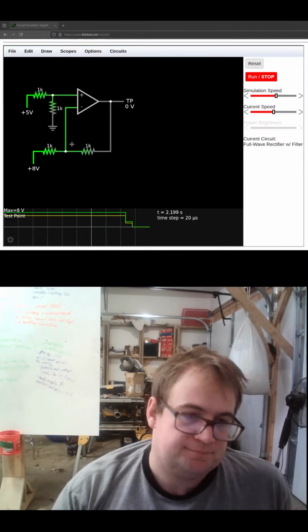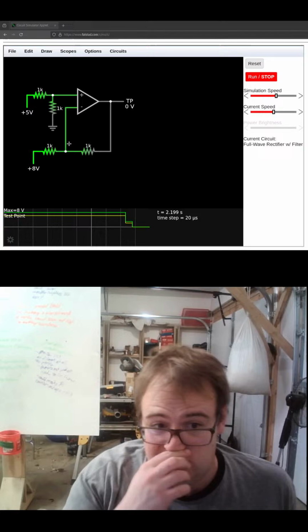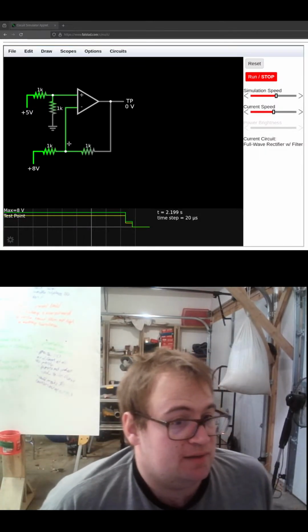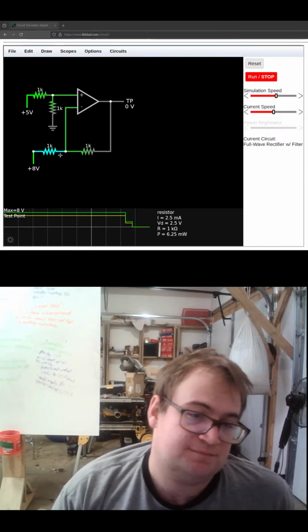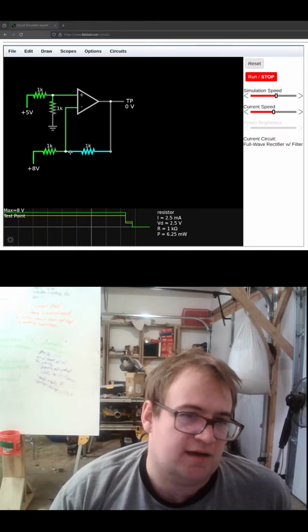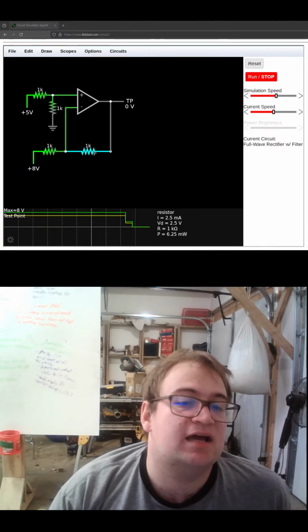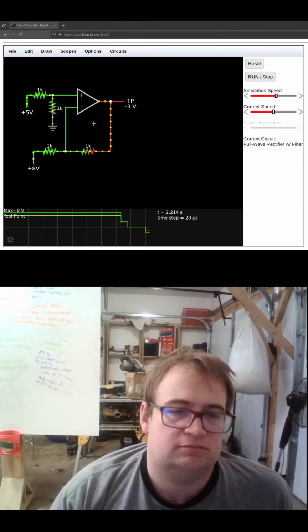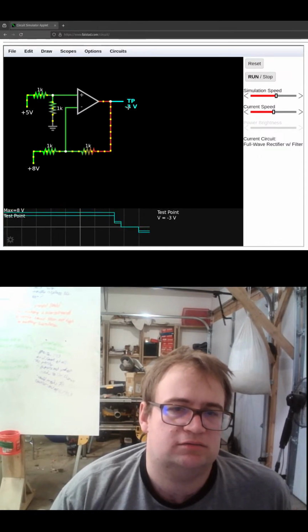So now, obviously, we'll still have the same 2.5 volts. That means we will have 5.5 volts across here, right? So that means 5.5 milliamps. That means we're going to have minus 5.5 volts.